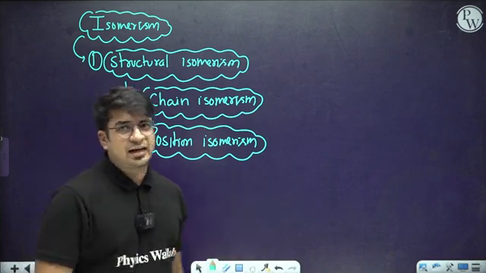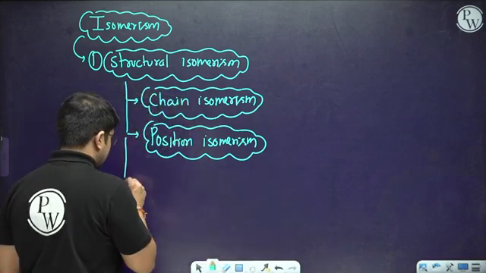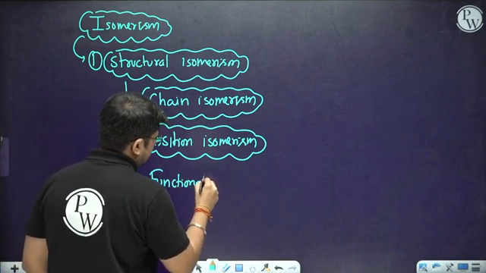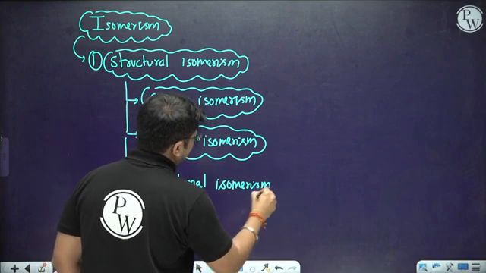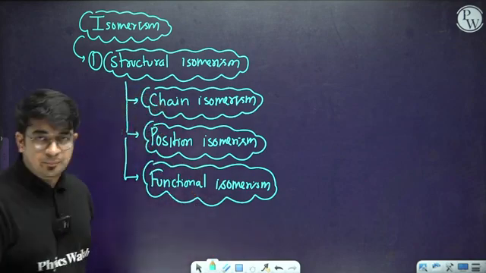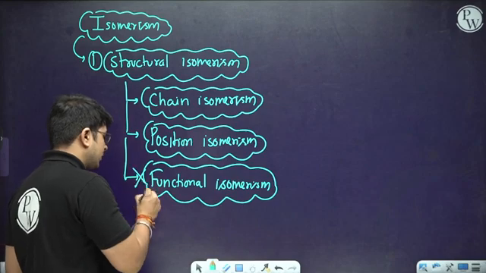Also you can find if the functional group is present, you can say we have one more part which is related to functional isomerism. But generally in simple hydrocarbons, we do not have these type of isomerism because it depends upon the presence of functional group. So definitely we are not going to focus on that particular part.